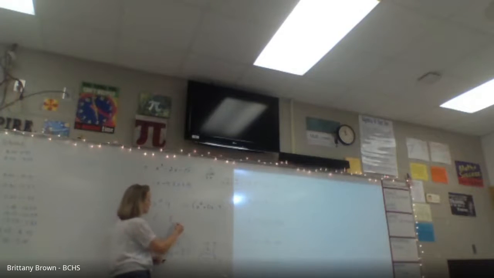So the question is, what are your factors of 9? 3 and 3, or 1 and 9? How can you use 1 and 9 to get a 0? Can you add 1 and 9 to get 0? Never, right? How can you use 3 and 3 to get 0?